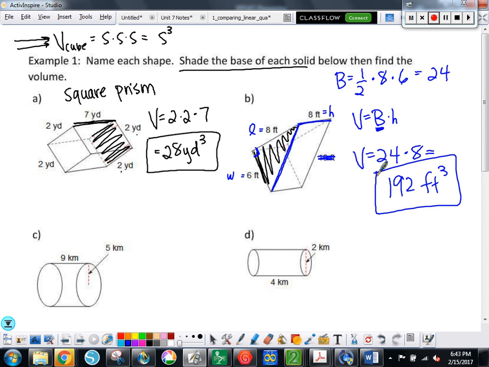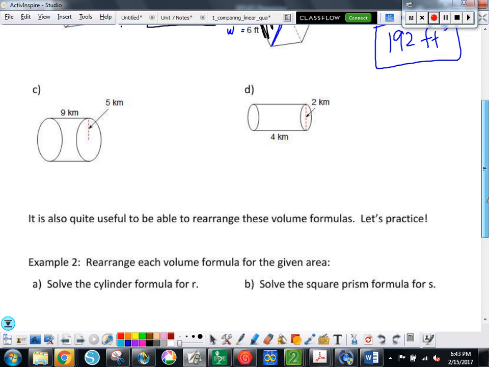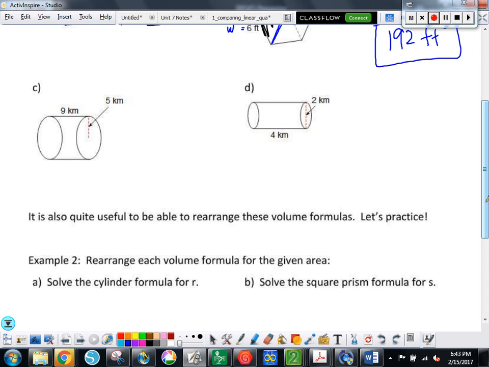All right, let's do another one. This one is a cylinder. So if I want to find the base area, in this case it's a circle. Circle is pi r squared. When you type it into your calculator, you get some kind of horrendous decimal.